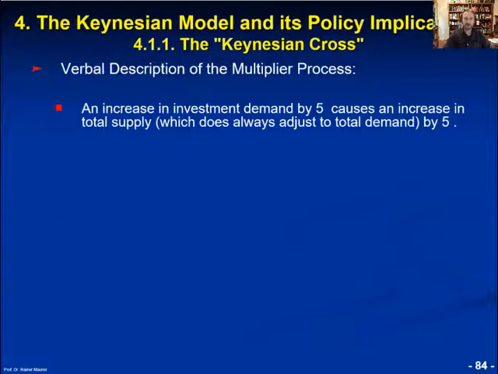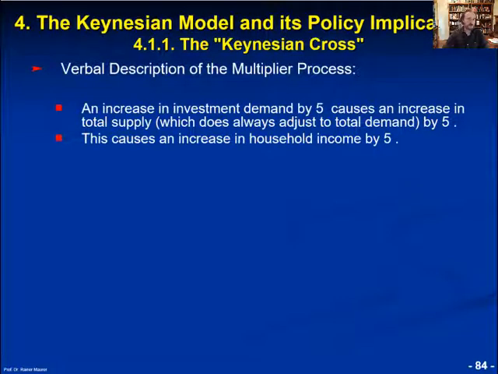Another way to analyze this multiplier process is this verbal numerical description. An increase in investment demand by 5 causes an increase in total supply, which does always adjust to total demand, by 5.